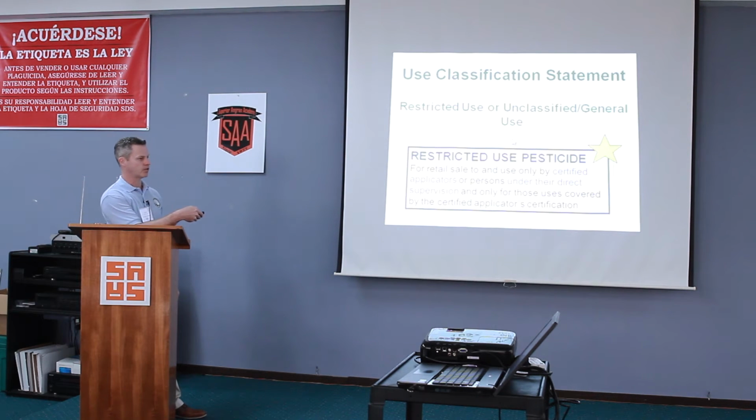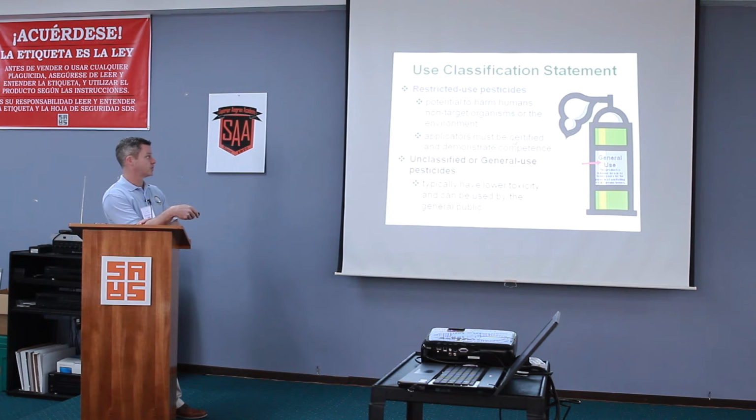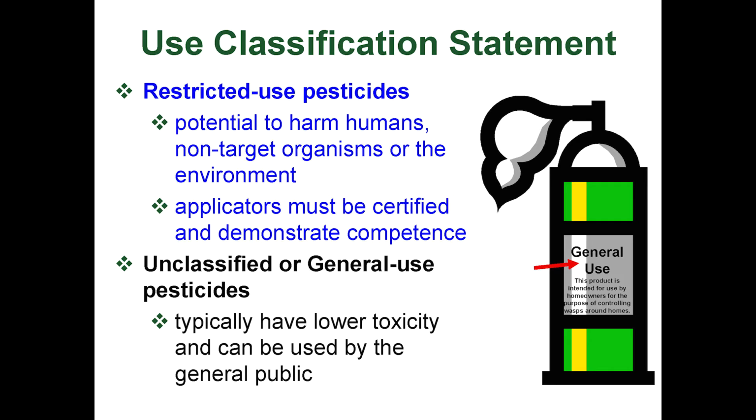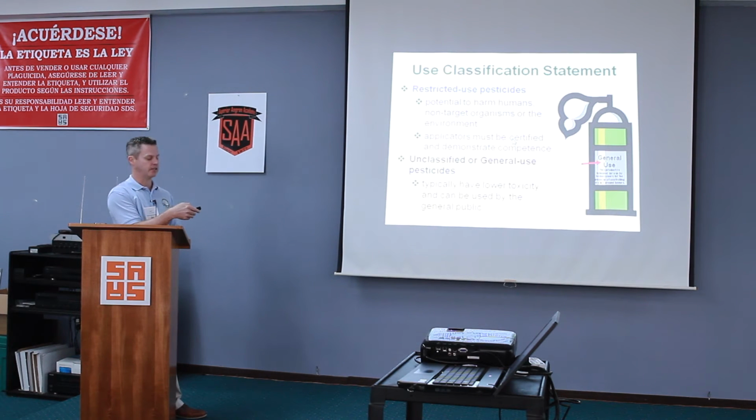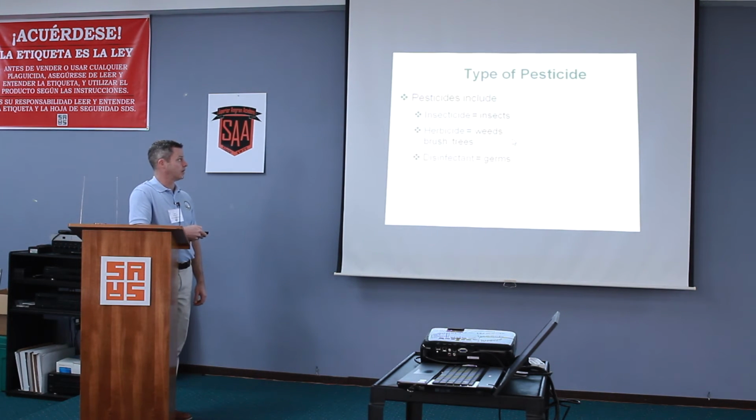So this is something that's required to be on the label if it's a restricted use. And again, a restricted use pesticide is when there's potential harm to humans, non-target organisms, or the environment. Applicators must be certified and demonstrate competence to use those type products.